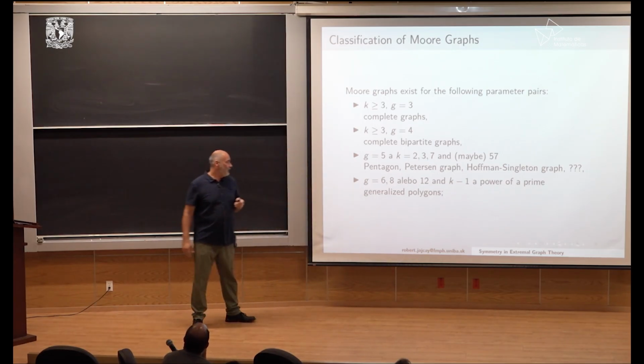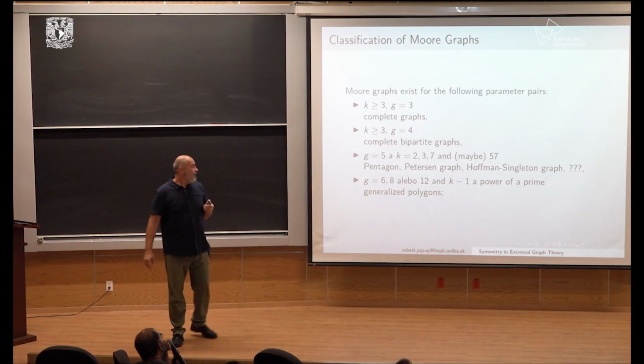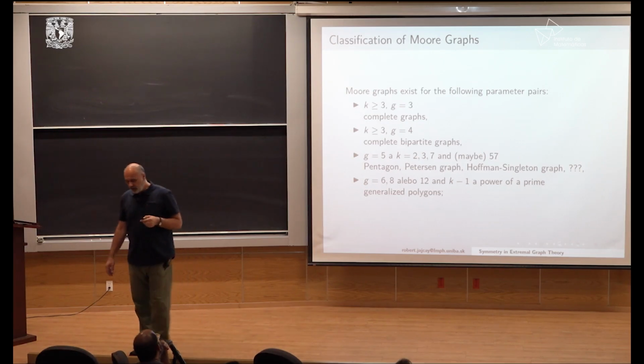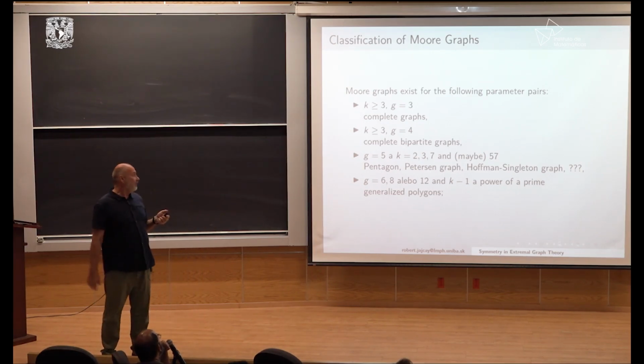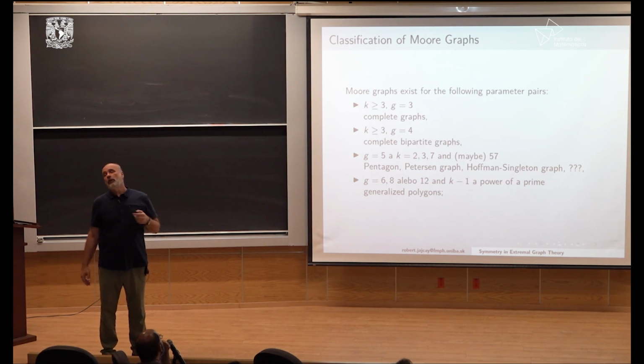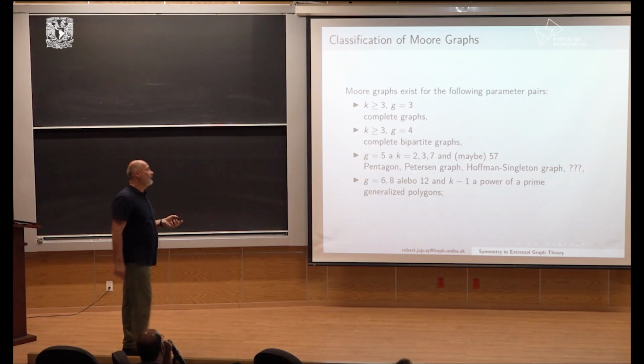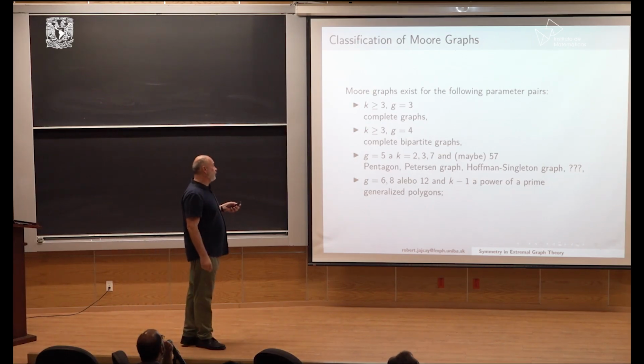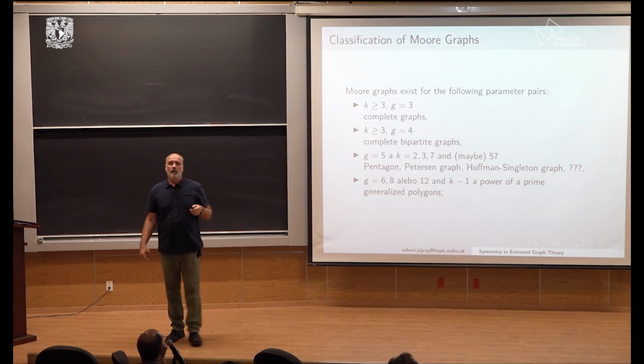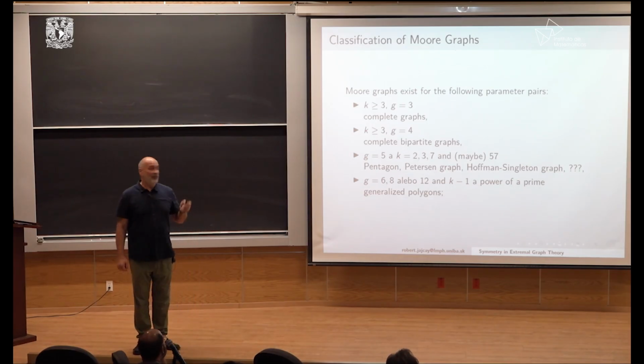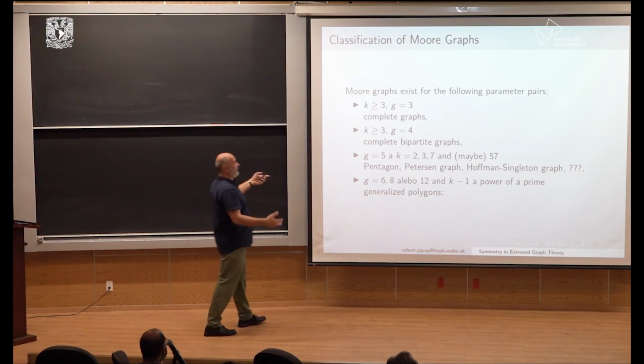Because the last ones, of girth 6, 8 and 12, they are the incidence graphs of what are called the generalized polygons, and we don't know all of them. Yeah? We know they exist when k minus 1 is a power of a prime, but we don't know for other values. All right, so yes, this is typical mathematics.